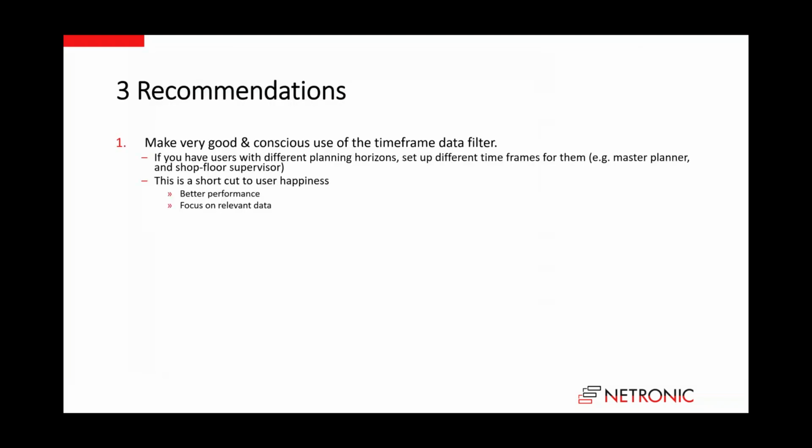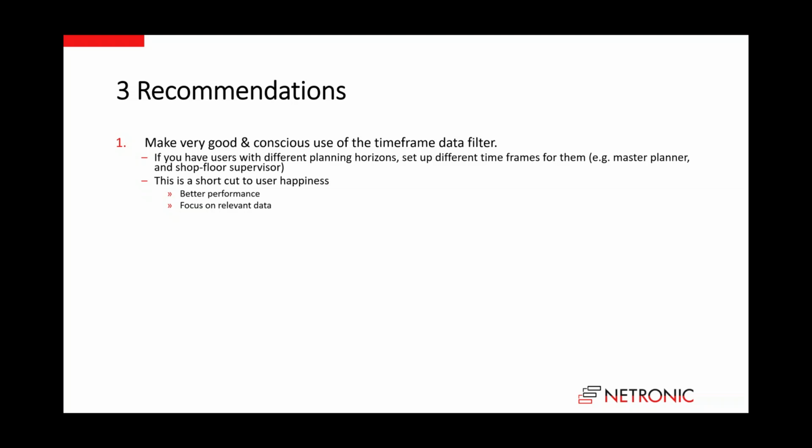And I actually have 3 recommendations. So first, really make very, very good and conscious use of the time frame data filter. This is the oldest filter that we have, and from my point of view, the most overlooked filter, as it is just implicit.